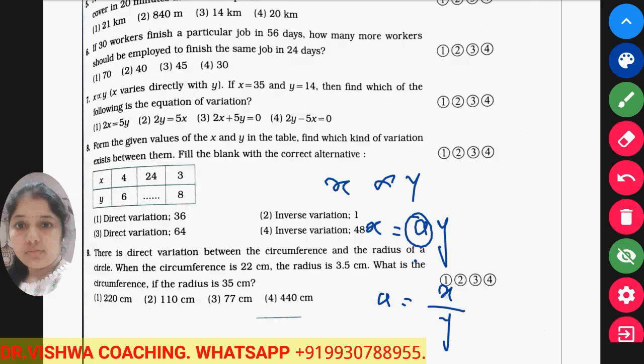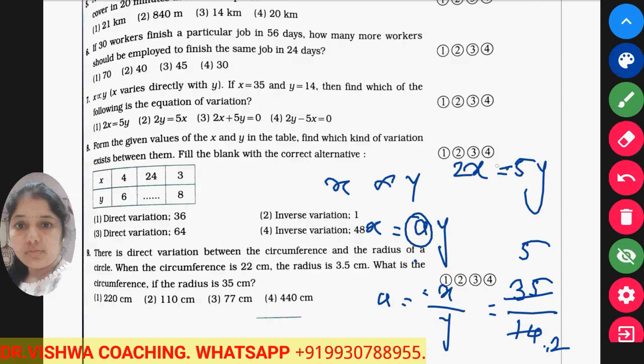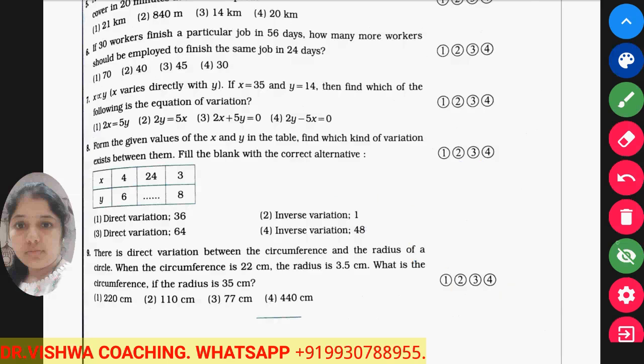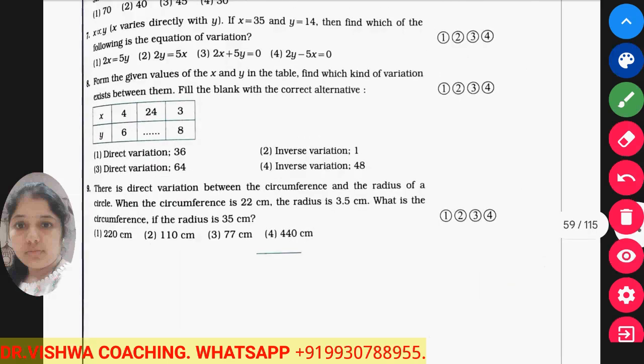Now value of x is 35 and value of y is 14. So we just simplify it. 7 5s are 35, 7 2s are 14. Now cross multiply, it becomes 2x is equal to 5y. Okay, so option number 1 is the correct option here.